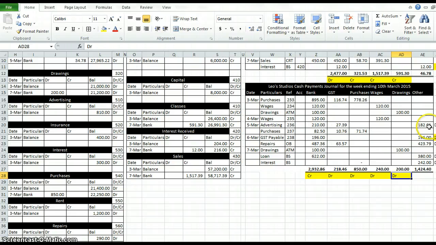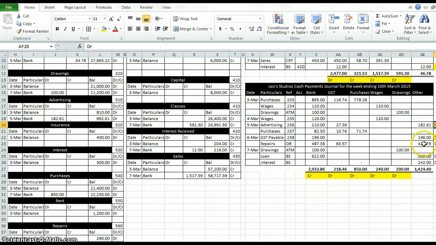Then all of them except these other columns here. So this one here is for advertising. So now advertising, the date it happened was the 5th of March, 5/3, bank, and it's a debit column, 182, and we'll add those together. Debit, mark that off.